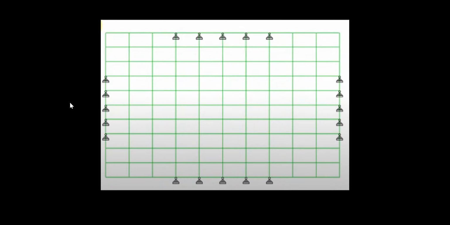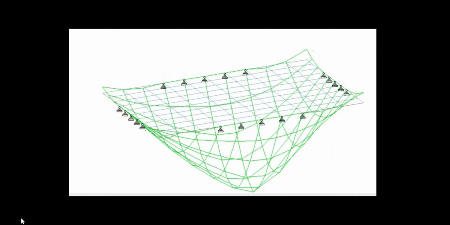So you can see here this is a two-way slab. I am not providing any restraints or supports over here. It's not fitted or held in position over here. You can see at this edge, this edge and these corners, I am not providing any restraint. Now if I am applying the load, you can see some small lift over here, over here, and over here.